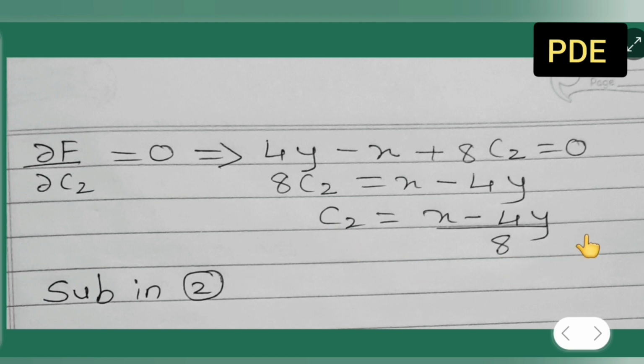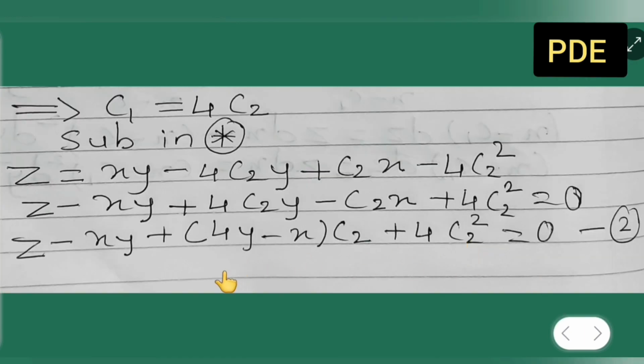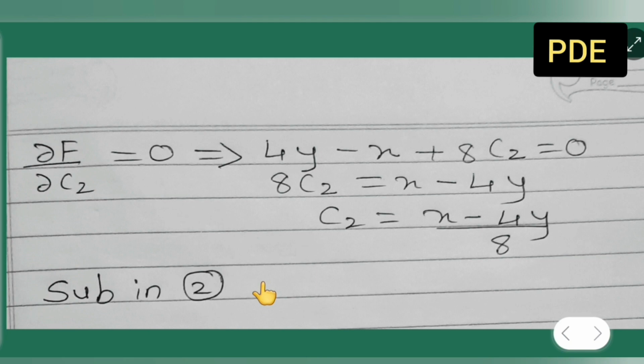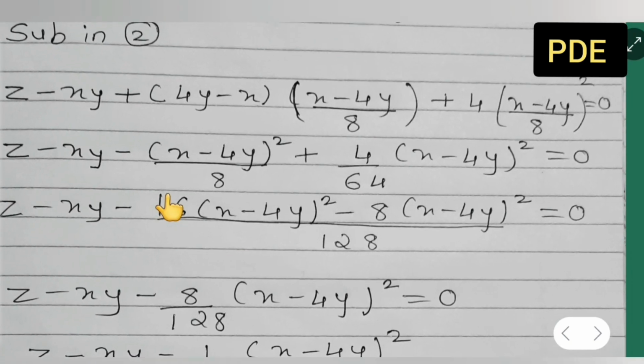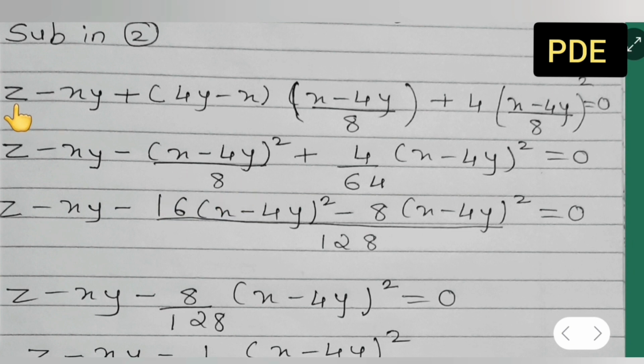Now you all have to substitute this c2 is equal to x minus 4y upon 8 in equation 2. So what are you going to get if you substitute this in equation 2? Z minus xy, plus 4y minus x into bracket x minus 4y upon 8, plus 4 into x minus 4y upon 8 whole square is equal to 0. After substituting in equation 2 you will get this.